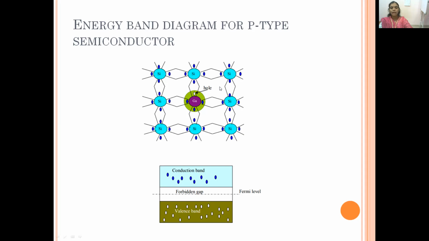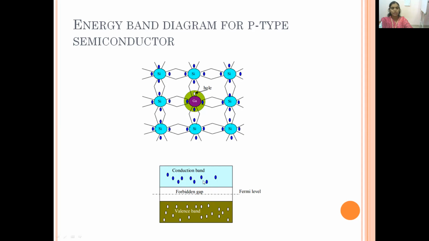So in the conduction band, forbidden gap, and valence band, due to thermal energy, some electron-hole pairs are still generated, but the number of holes is large compared to the number of electrons.